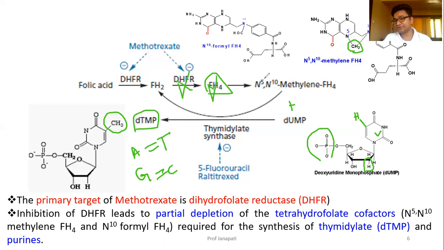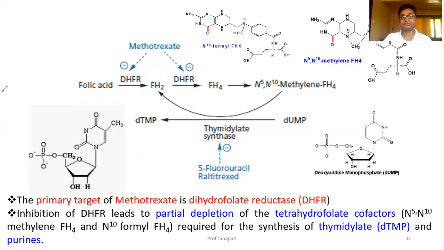When there is no FH4, there is no formation of N5N10 methylene FH4. At the same time, deoxyuridine monophosphate will not convert to thymidine monophosphate. There is no formation of purine or pyrimidine derivatives. So this is the metabolism and mechanism of action of these drugs.